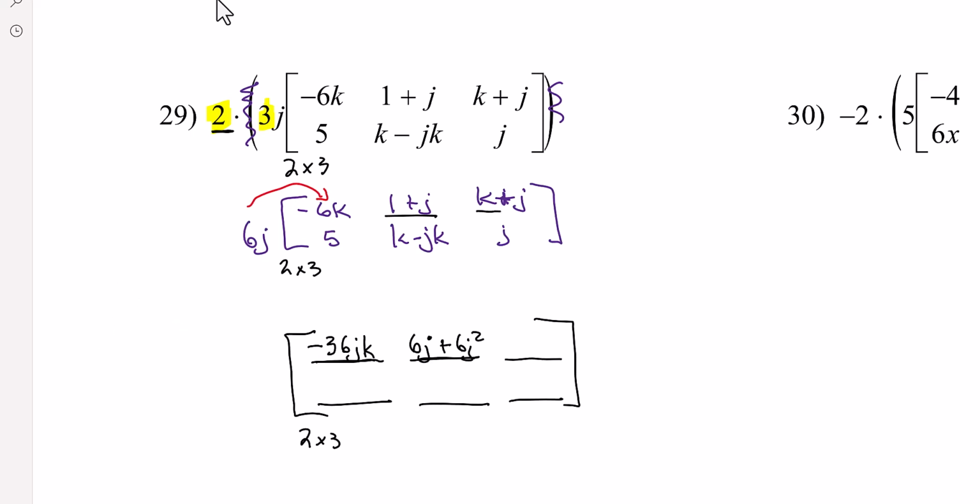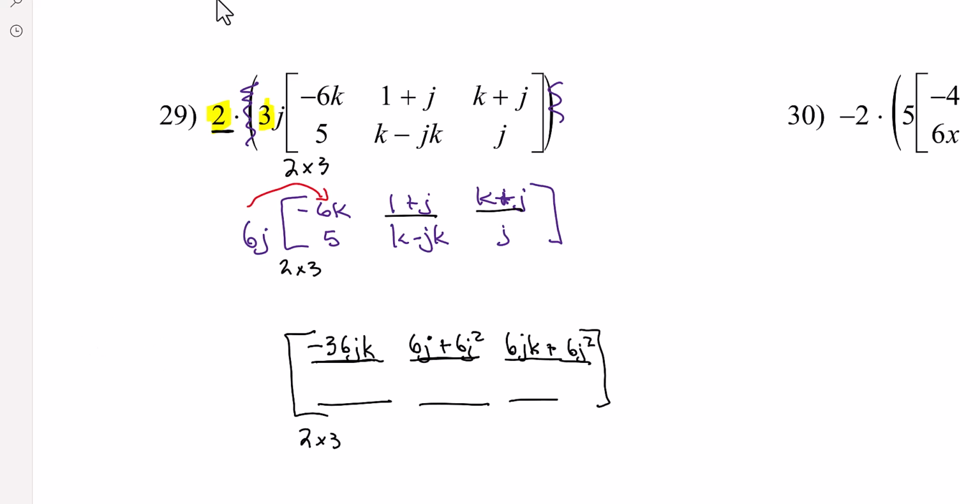Now we've got k plus j, so 6j times k plus j, 6j times k is 6jk plus, let me move this out, 6j times j is 6j squared.